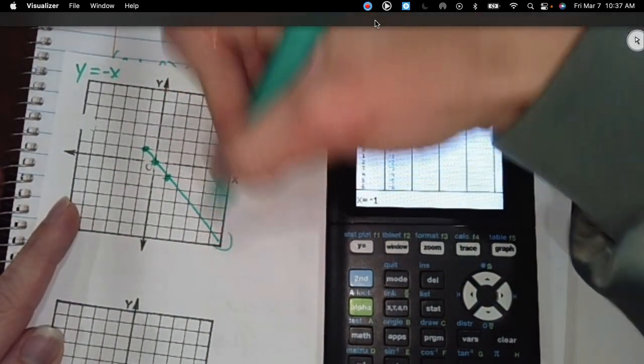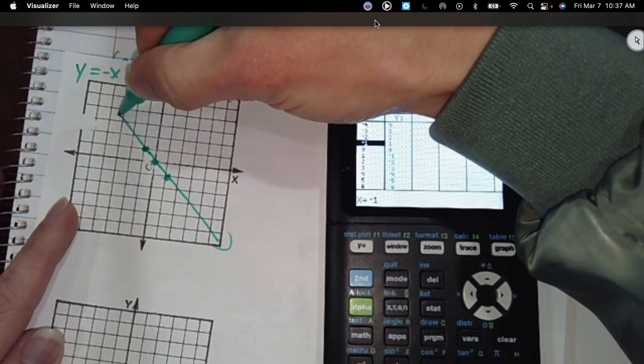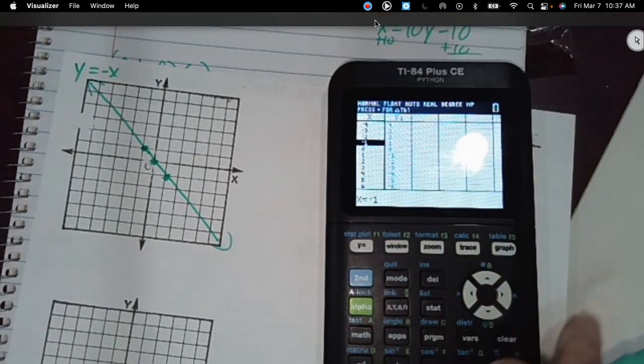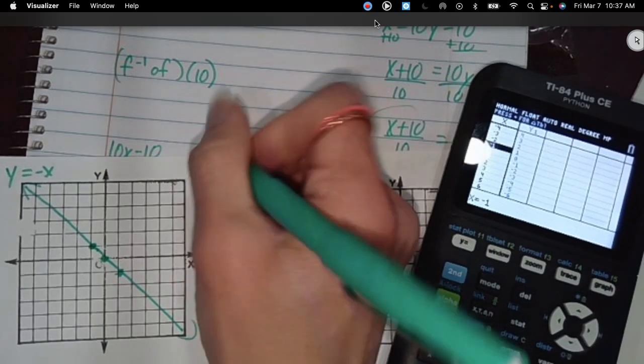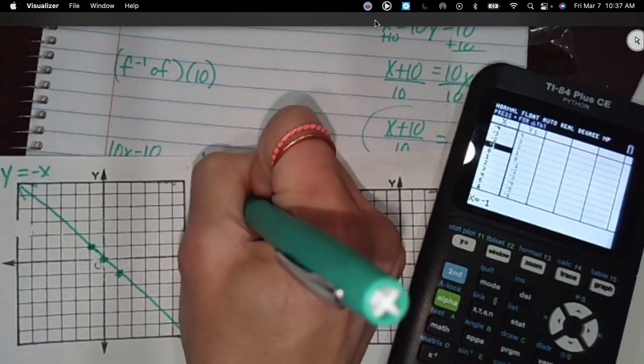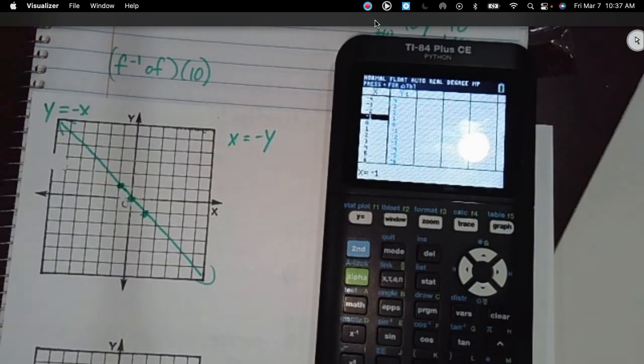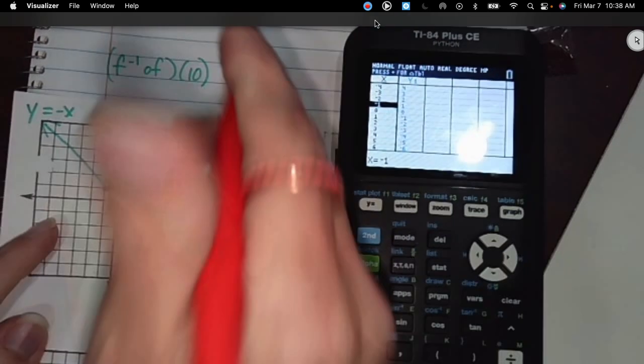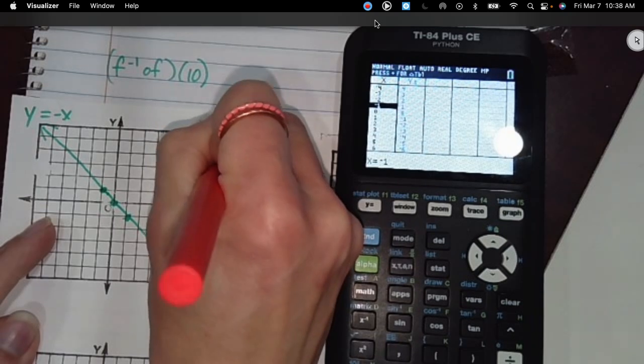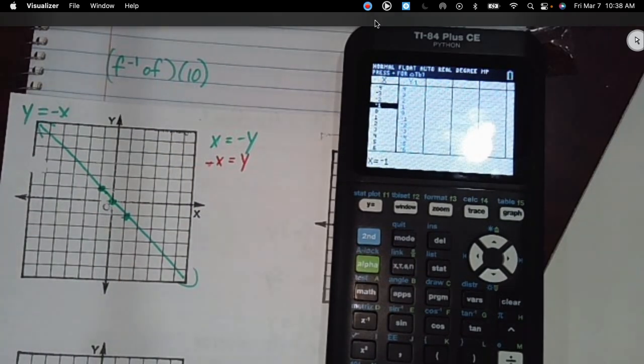Now I have to find the inverse. How do I find the inverse? You just switch them, and you're going to say x equals -y. Well, how do you solve? Let me do a different color, I'll do this one in red. You would just divide them both by a negative sign, so y equals -x. What do you notice on that?